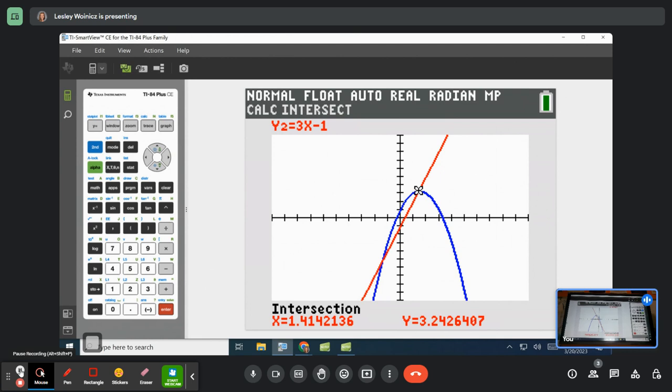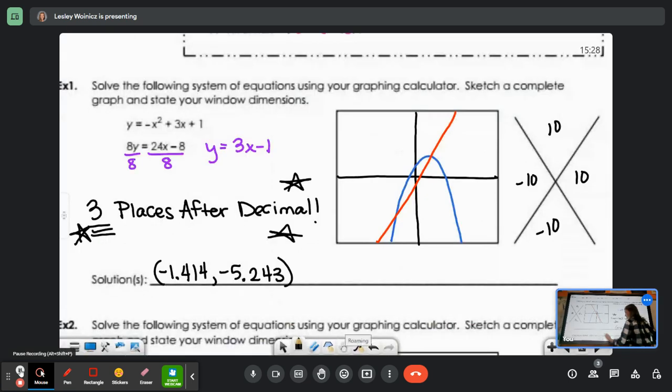Okay, this time I got 1.414 and 3.243. 1.414, whoops, that was wrong. 414, 3.243. Questions?